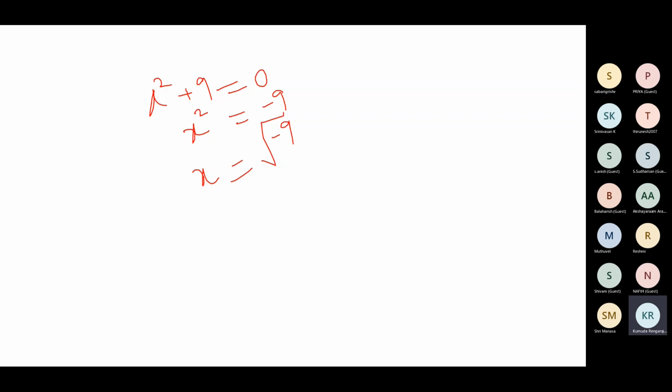Is there any real value which can satisfy this condition? X is equal to square root of -9. It's not real, so here x is not a real value. It's imaginary. Because we know that the square root of a negative number does not exist. Does not exist meaning it's not real, it's imaginary.